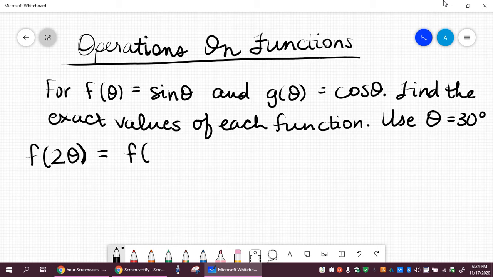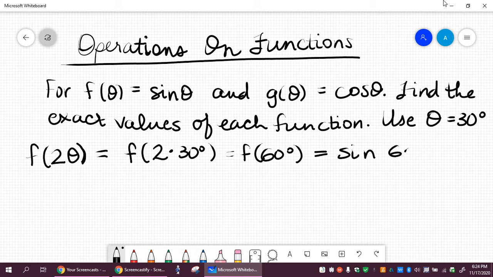So now I'm evaluating f of 2 times 30 degrees because theta is 30, which means that I'm looking at f of 60 degrees. Since f of theta is sine of theta, I'm looking at sine of 60 degrees.